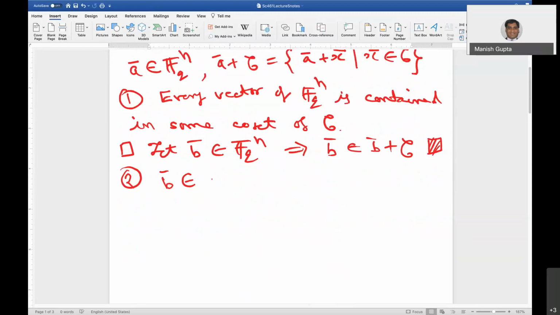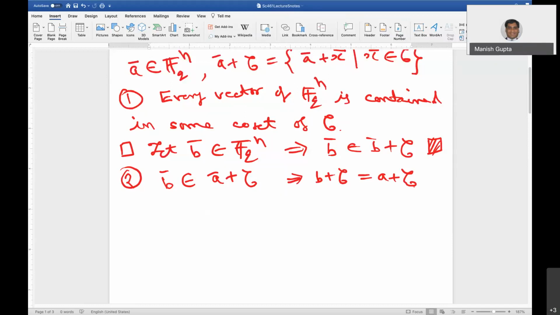So I take the coset A plus C, and suppose B belongs to A plus C. This implies that B plus C is the same thing as A plus C. C is a code, and A plus C is the coset of the code made by the vector A. If I take any vector inside the coset, add it to C and form a coset, it will coincide with the same coset.